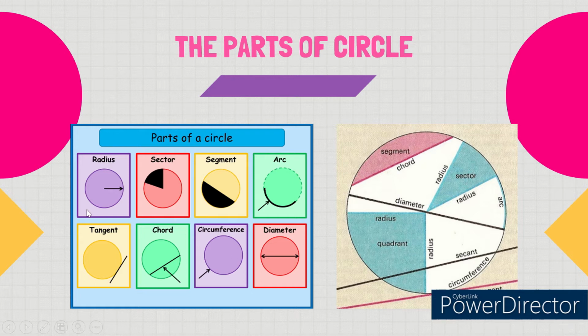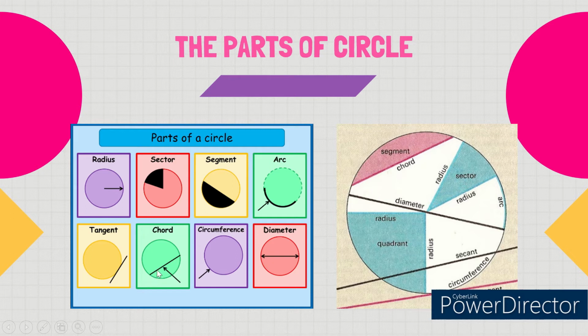And here we also have the segment. A segment is a part of circle bounded by a chord and an arc. A chord is any straight line that does not pass through the center of the circle and its endpoints touch the circumference of the circle.